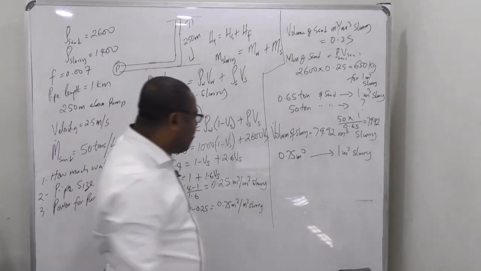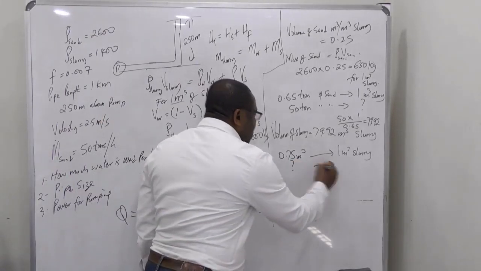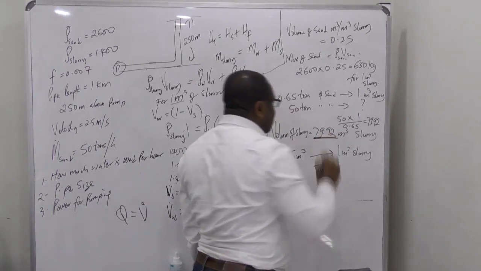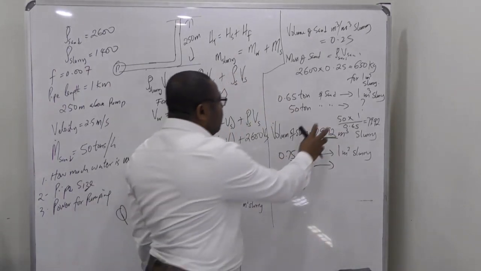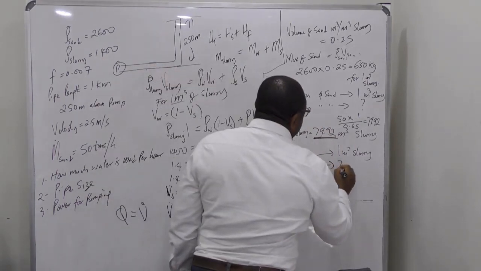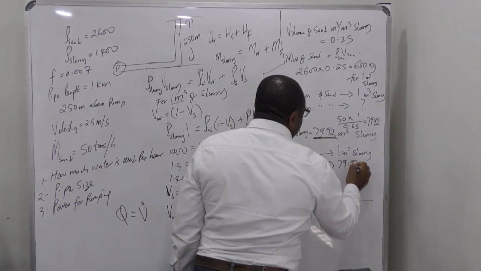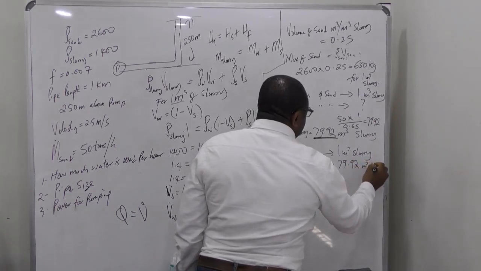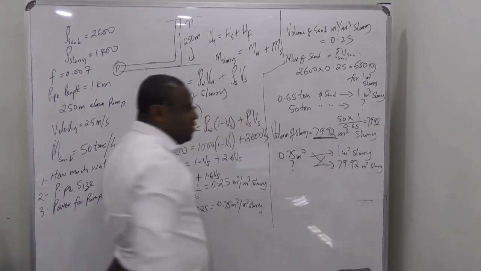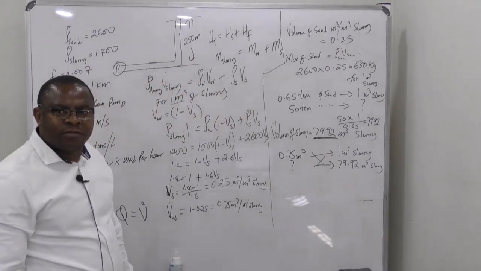So how much water will be needed for this amount of slurry, because this is the volume of slurry that we have calculated? So how much will be needed for 79.92 meter cube slurry? How much?